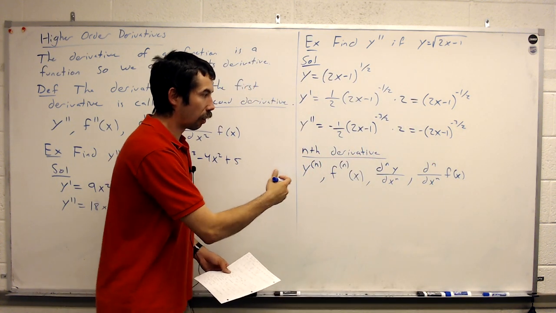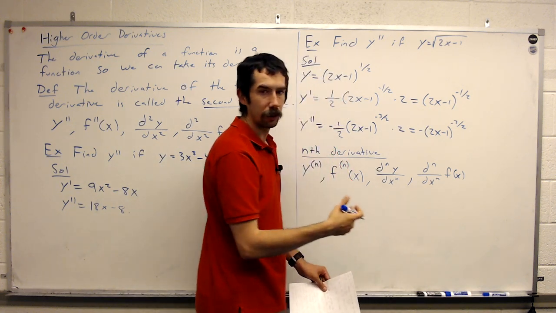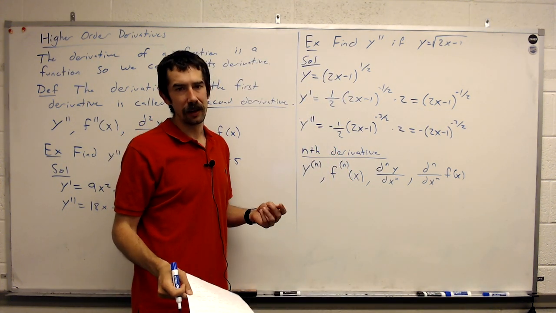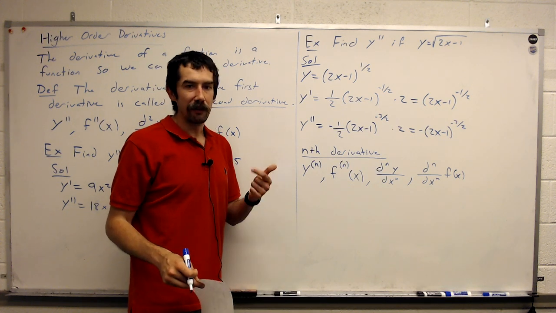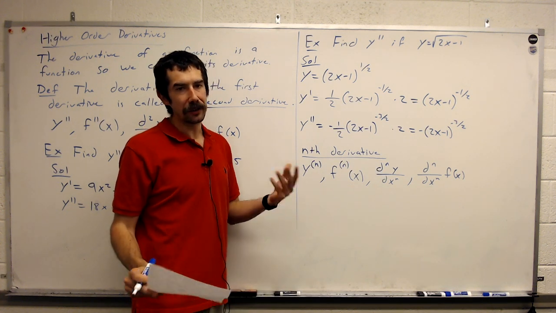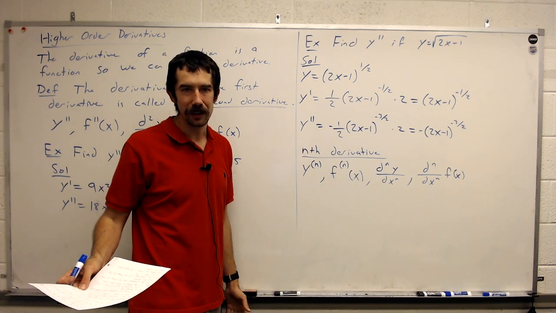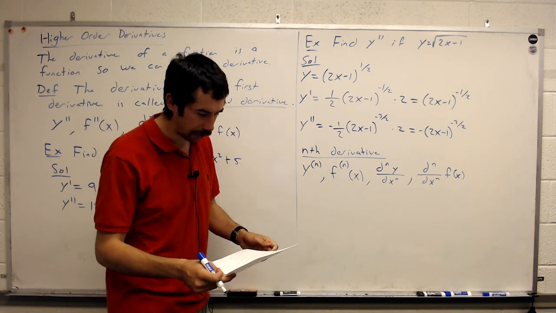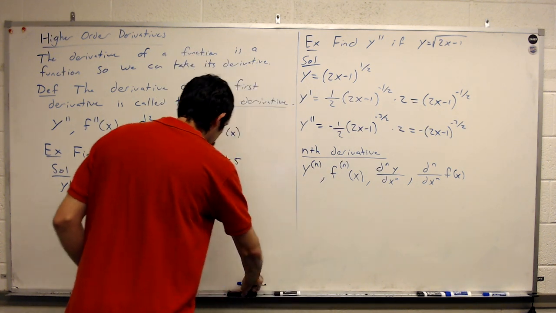So these are 4 different ways to write the nth derivative. So typically, we'll use primes for the first derivative, the second derivative, and the third derivative. After that, there's so many primes, might as well just use the parentheses. All right, so let's take a look at an example.